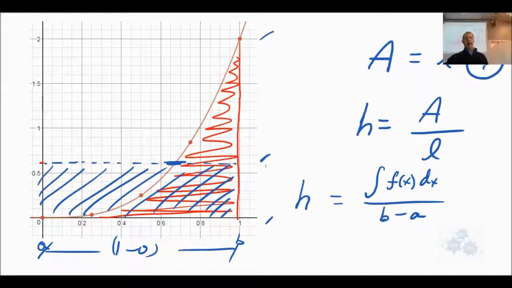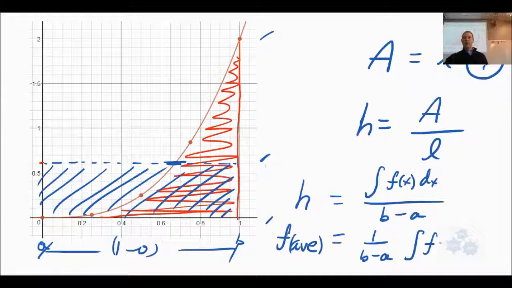So if the height is what we were calling the average value, because that's the equality that we've established, then this is the average value of a function. I'm not sure exactly what notation you might see in your textbook, but it really is 1 over b minus a times the integral of f of x dx from a to b.